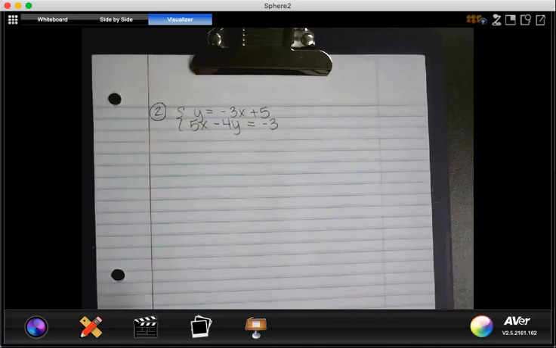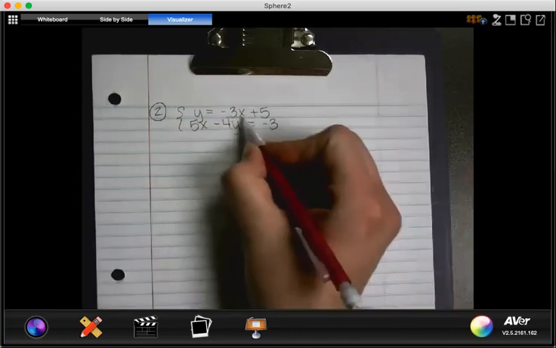If you would like to try this on your own, go ahead and pause the video, complete your steps, and then check your answers. If you feel like you need to be assisted a little bit more, feel free to do it step by step with me in the video. Step number 1, we are going to substitute the expression solved for the single variable into the other equation.